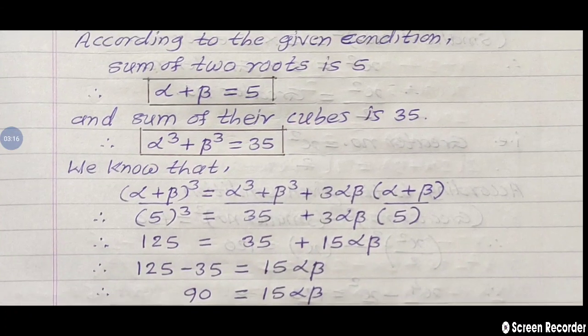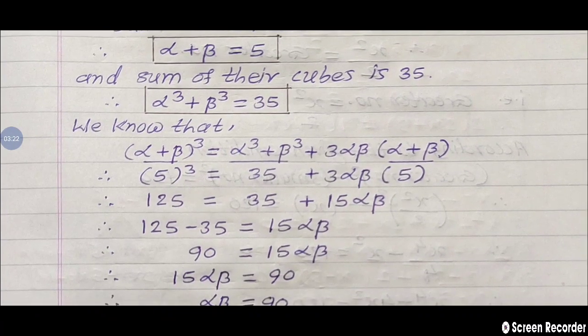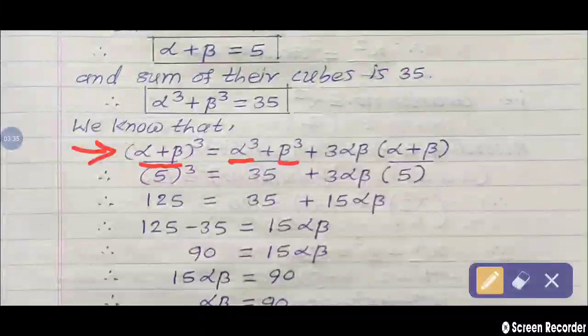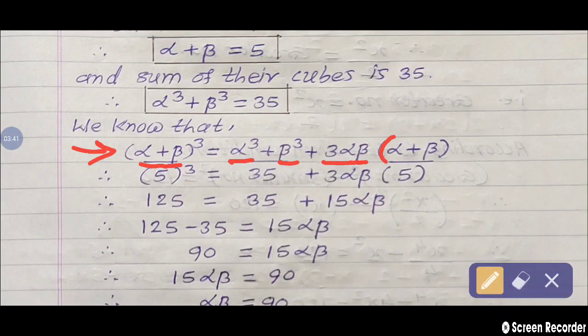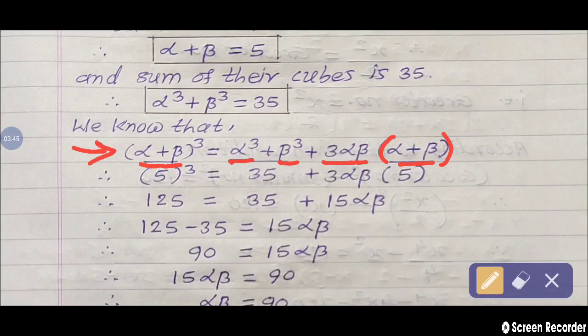Now we know the formula for alpha plus beta whole bracket cube. It is equal to alpha cube, the first term cubed, plus beta cube, the second term cubed, plus 3 multiplied by alpha into beta, again multiplied by the bracket of the sum of the roots, that is alpha plus beta.